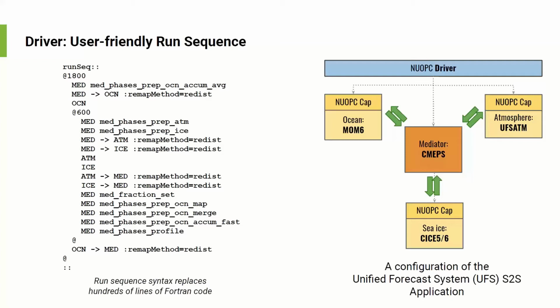So for the mediator to ocean remapping, this is a redistribution operation. You can also see that multiple phases are supported, particularly for components like the coupler or mediator in the middle, where there's interaction with each of the other components. There's a need to have separate phases, and so those are all user-defined phases, and you could easily extend the number of phases that you need depending on the kind of coupling protocol that you're setting up.